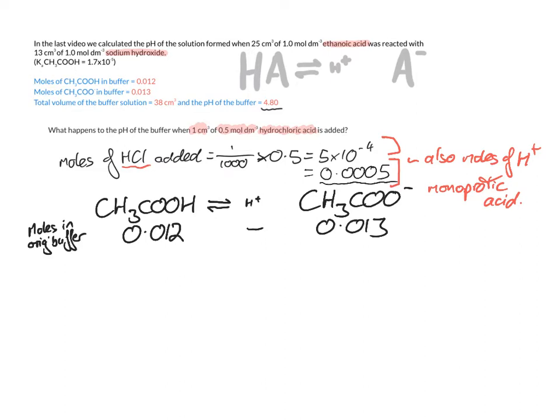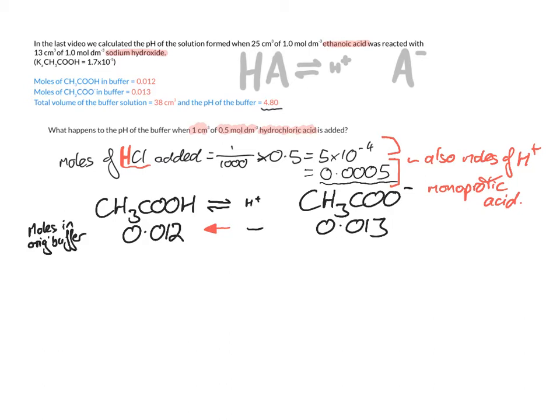So be careful, because that's a really nice little exam question, a really nice trick for an examiner to do. Anyway, what's going to happen? Well, we are adding H pluses, so we are going to move to the left hand side. We can assume that all of the H pluses we add due to the acid being added are used up. We can assume that, okay?